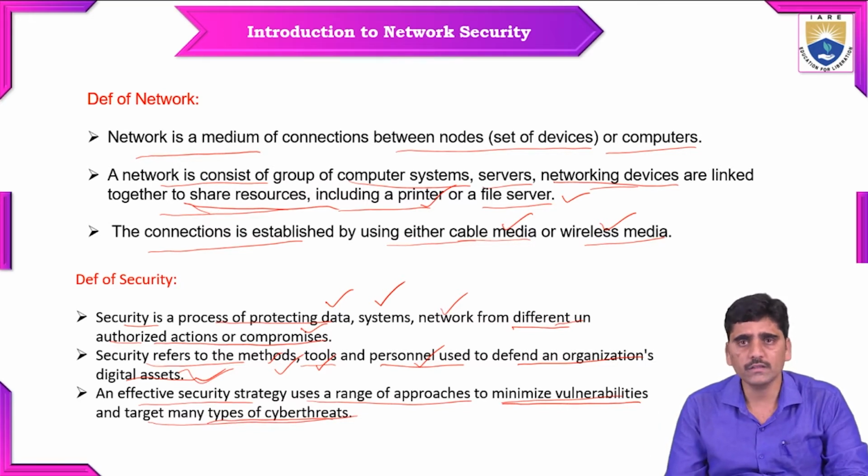That is security from a technical point of view. From a normal point of view, we are protecting our data, systems, and network with the help of technical measures, principles, policies, and everything. That is nothing but security.